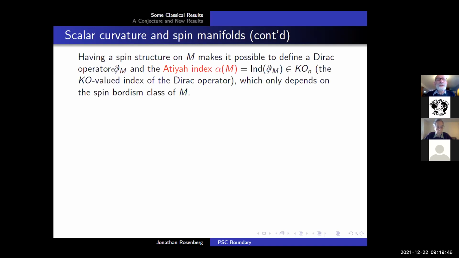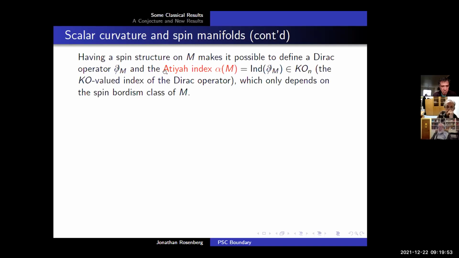But then this operator will have an index which lives in KO_n, because it basically gives you a class in KK(C(M), Cl_n), where Cl_n is the real Clifford algebra of dimension n. So that's where this KO_n comes from.